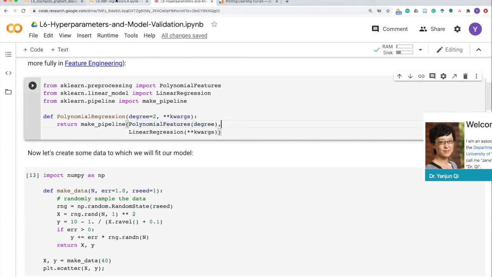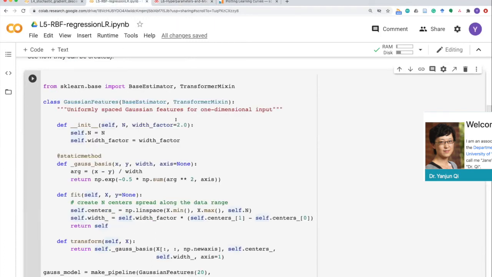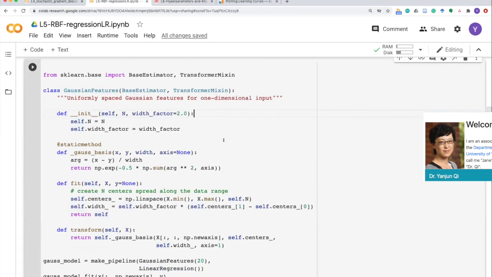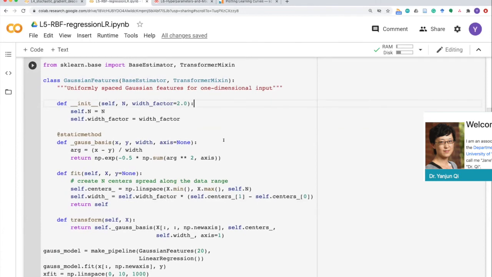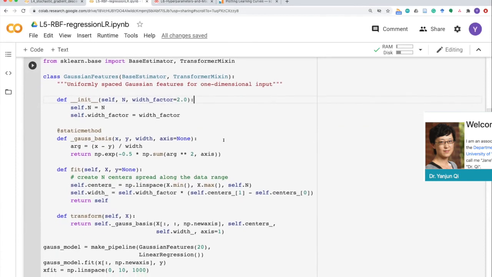But in the RBF case, there's no built-in RBF feature generator. So you just write a class generating these Gaussian RBF features, which is pretty simple too. But remember, in the RBF case, we need to specify the center and the wideness.